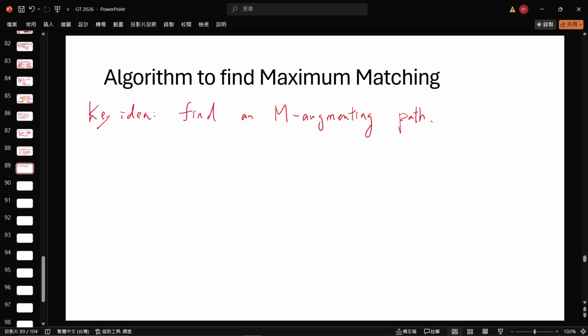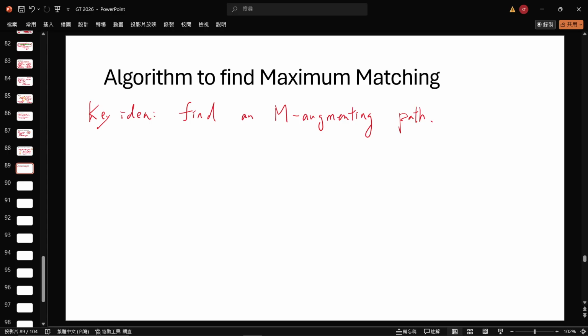The key word here is M-augmenting path. The idea is that we start with a maximal matching, because maximal matching is easy to find. But we know that a maximal matching may not be the maximum matching, so we try to make it larger.